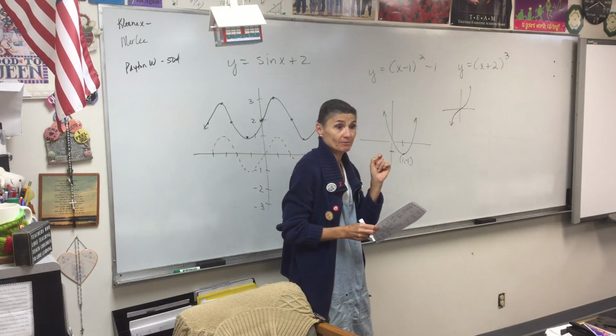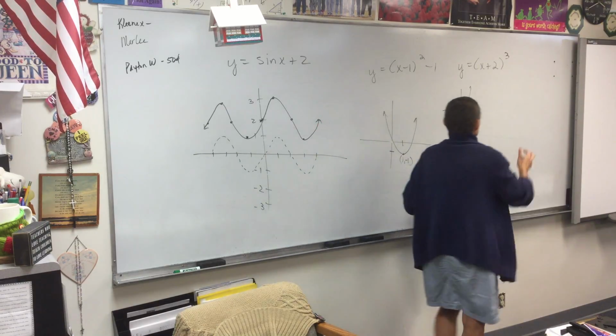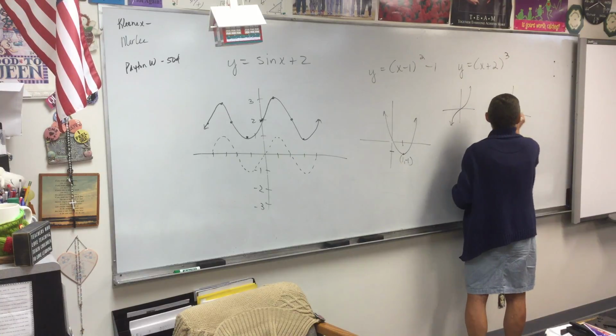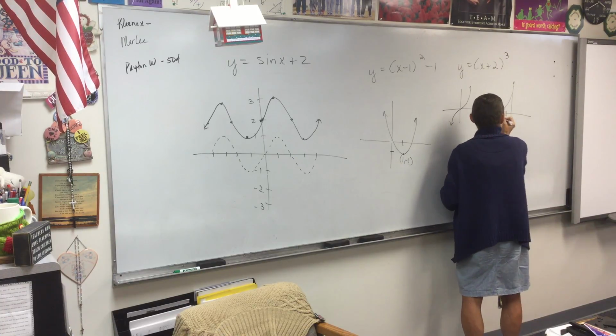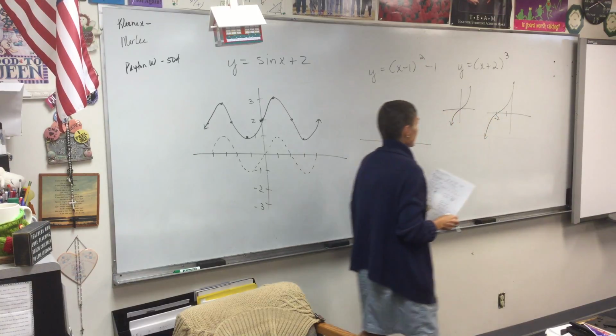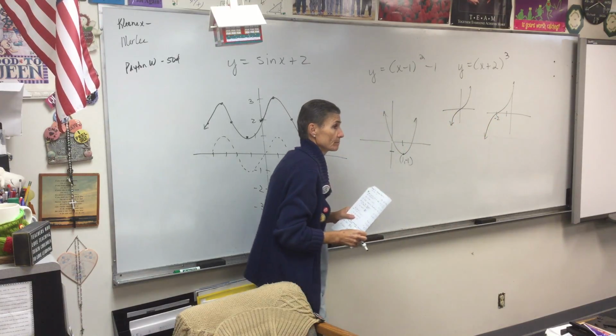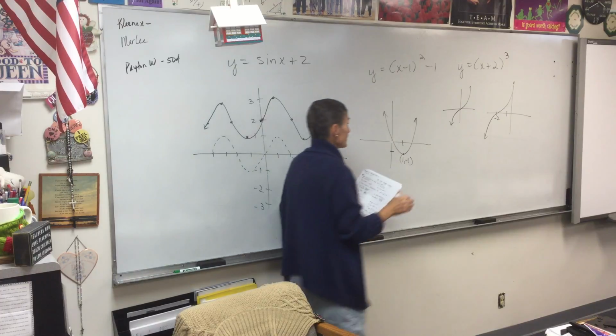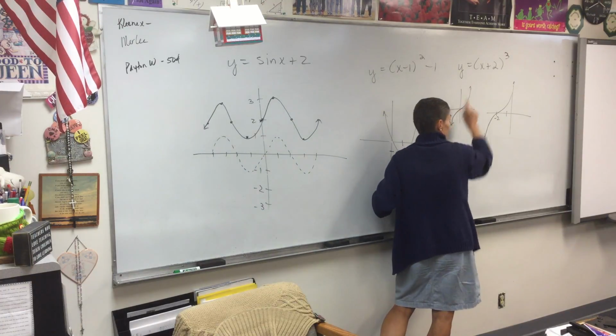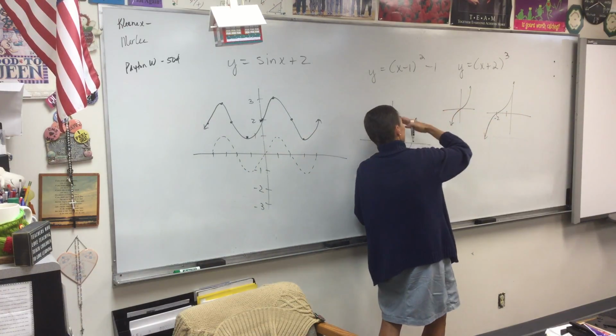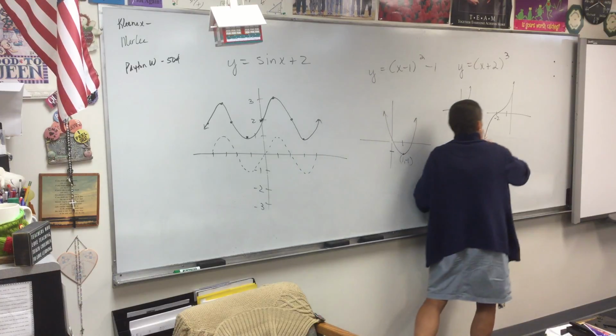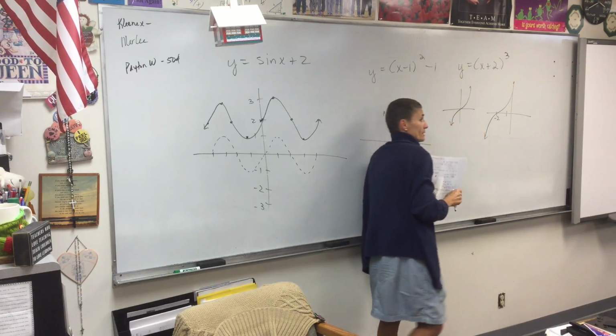It went left 2. So we're going to have the same squiggly shape, but it's going to squiggle through -2 instead of through the origin. Normally, it squiggles through the origin. Everything got shifted 2 units left, so it's going to squiggle through -2.